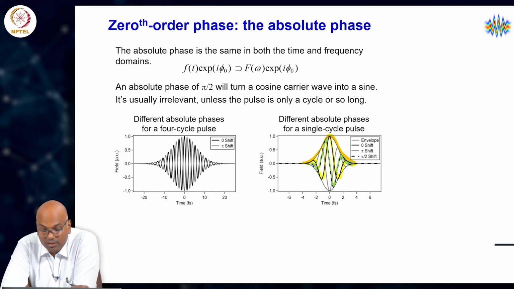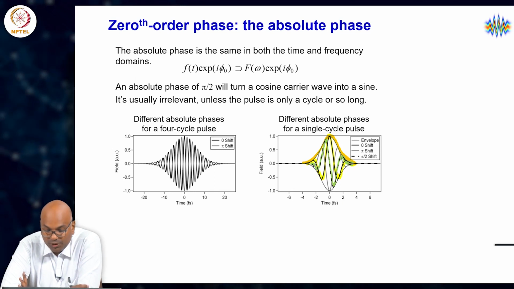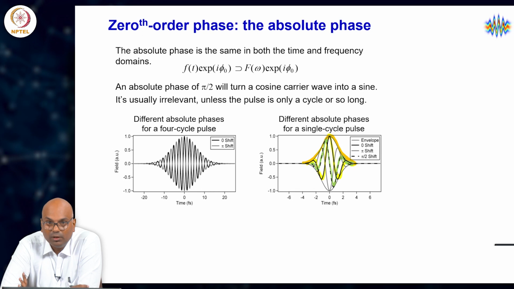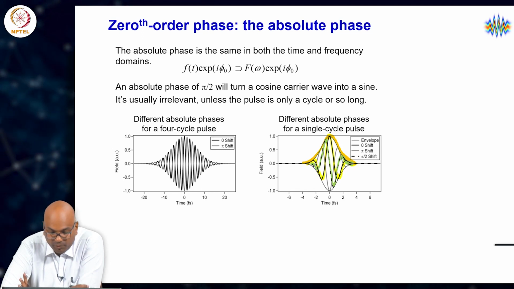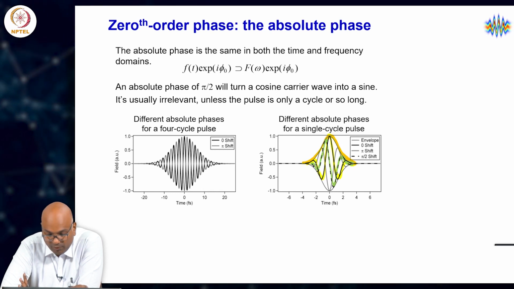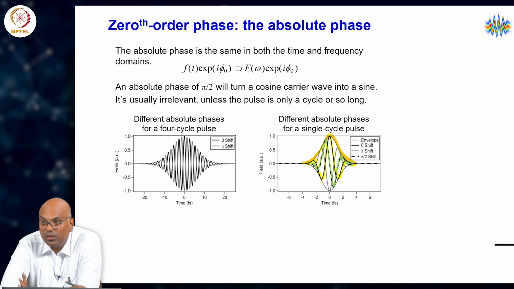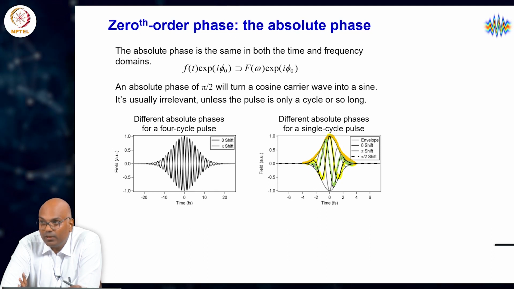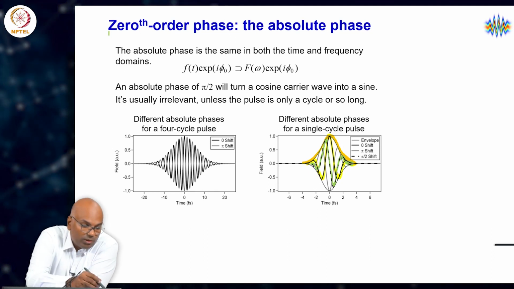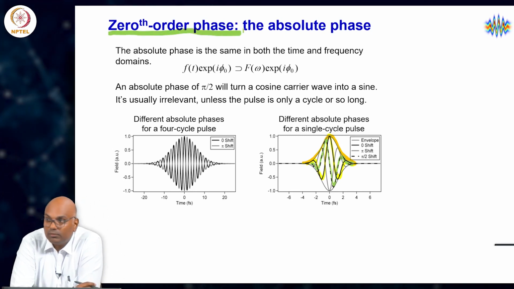So, we could call the 0 shift pulse a cosine pulse, and the pi over 2 shifted pulse the sine pulse. So, these two, if we subscribe to this definition of the phase phi naught, have ostensibly different shapes of E, as I like to call it, shapes of the electric field. So, remember that the 0th order term is the shape of E term, if you like.